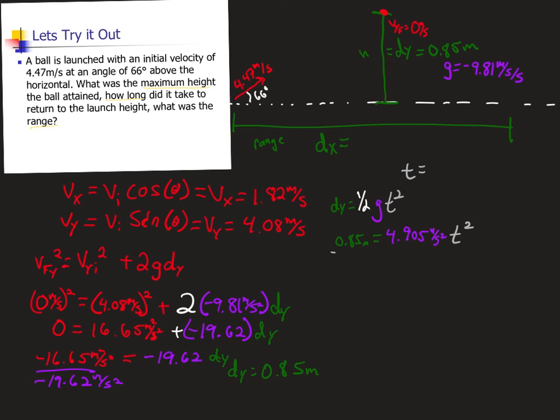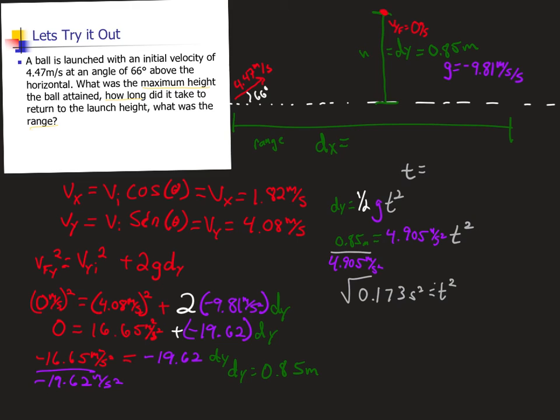Divide our 0.85 by 4.905 meters per second squared, so the units cancel out on both sides. And I get a time, and here becomes the trick, or I get 0.173 seconds squared is equal to t squared.